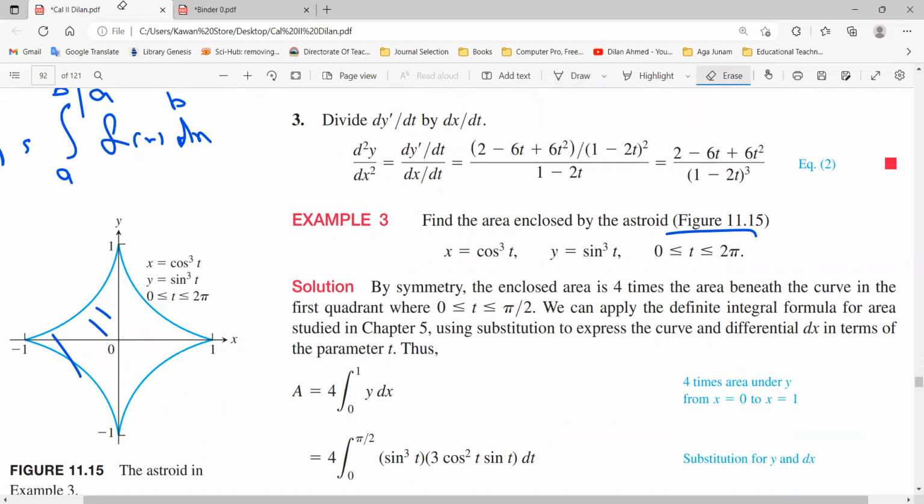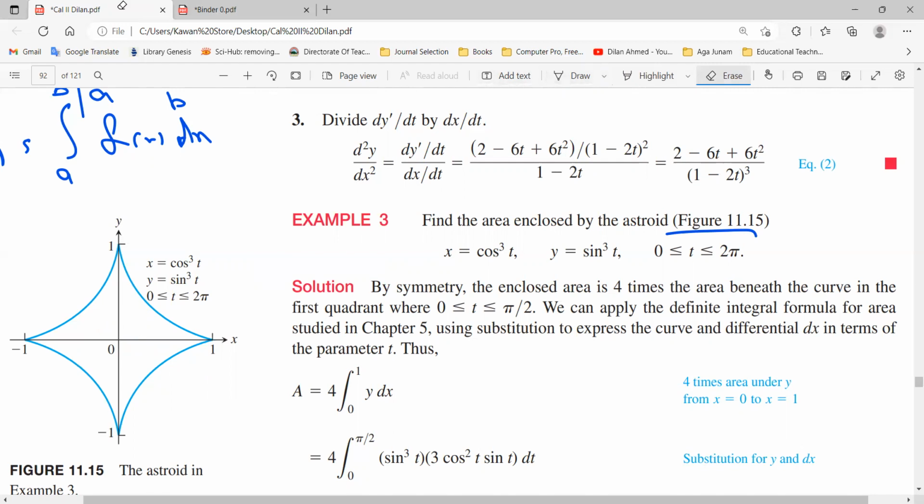So from 0 to 1, we have 4 pieces, right? A1, A2, A3, A4, all of them are equal. That's why we concentrate on the first quadrant, and we multiply by 4 to get the whole result, right?